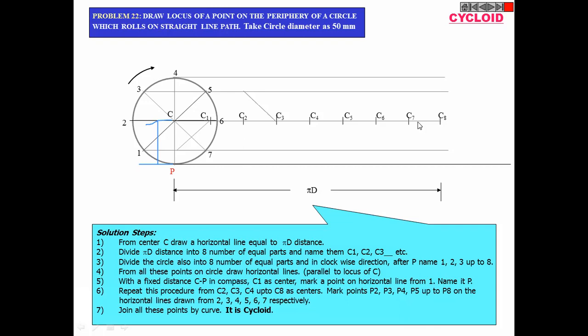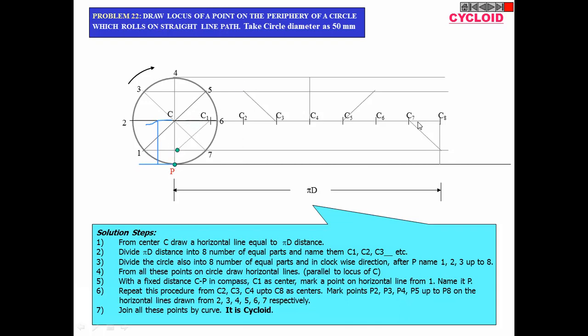From C3, radius equal to CP, and horizontal marking on line 3. We have actually marked this on 3. Then C4 to 4 and C5 to 5. C6 to 6, but it is not visible. C7 to 7, C8 to 8, like this. So ultimately what did we get?